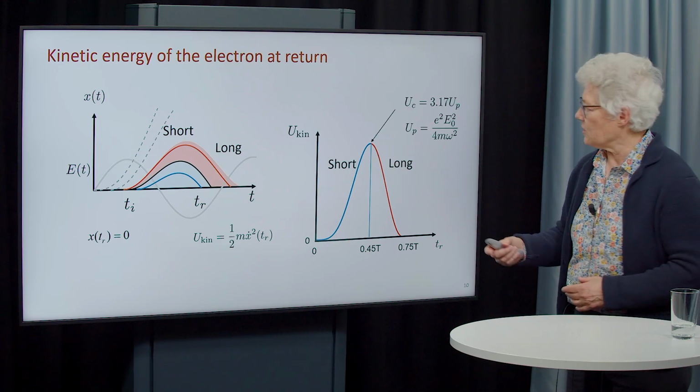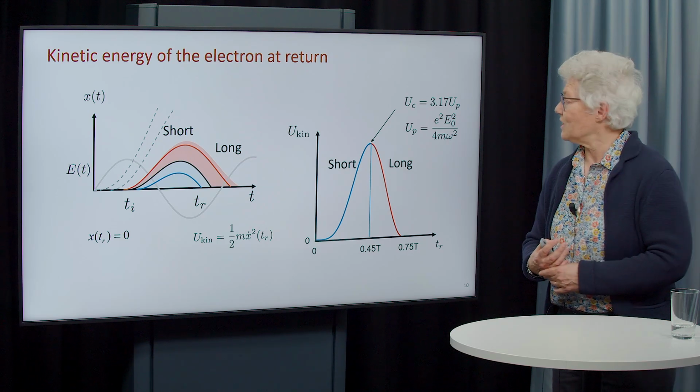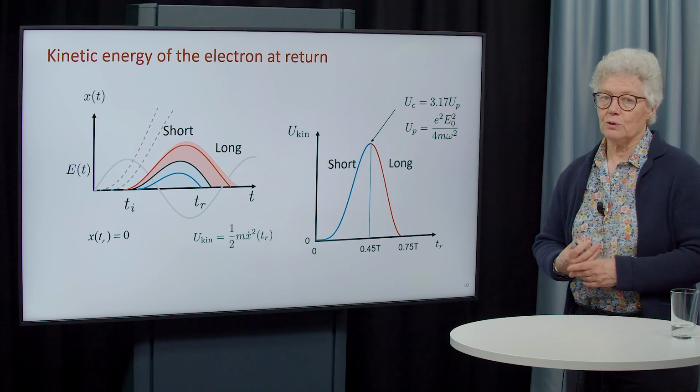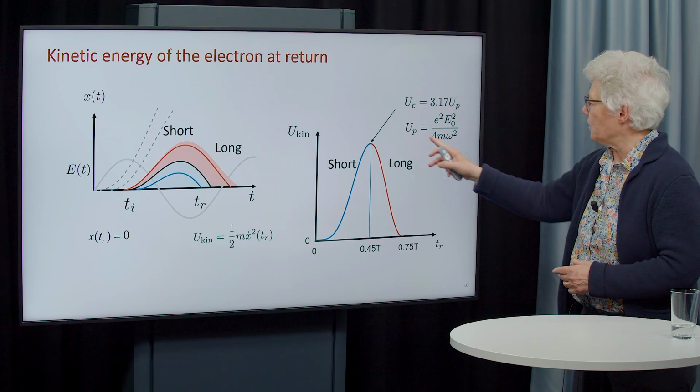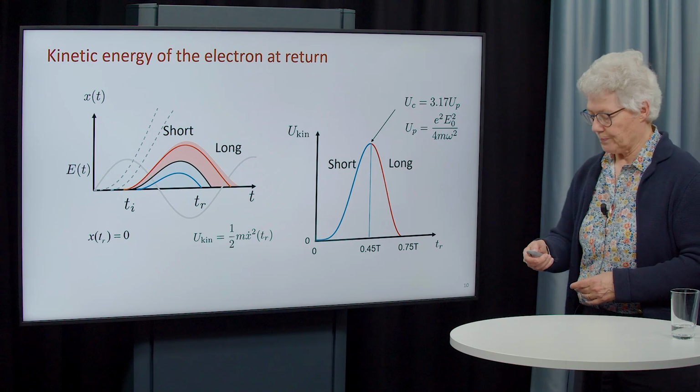This maximum leads to a maximum in kinetic energy, and it's equal to 3.17 UP, where UP is defined here, the ponderomotive energy.